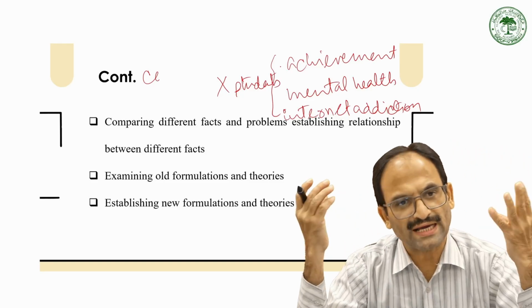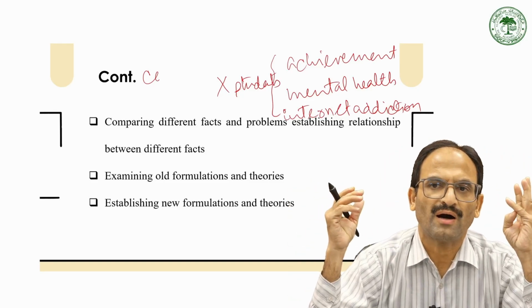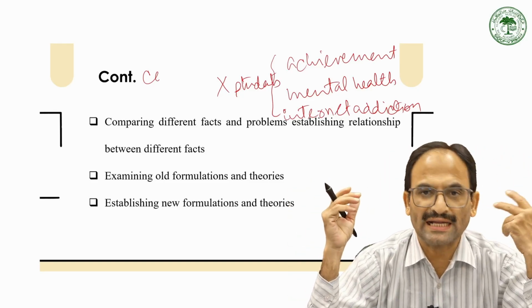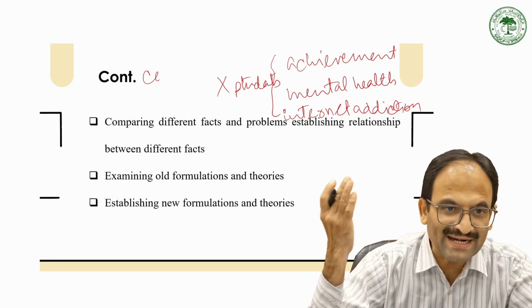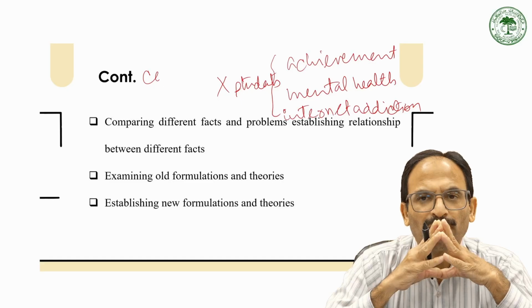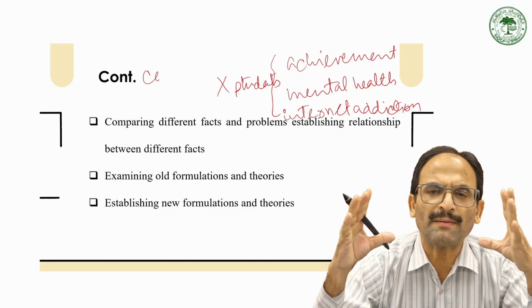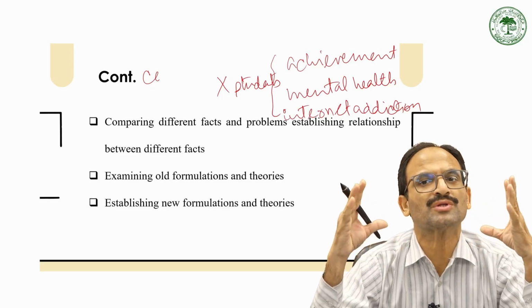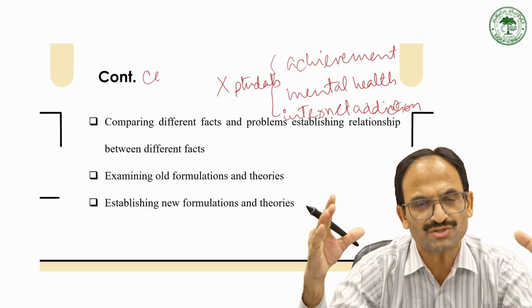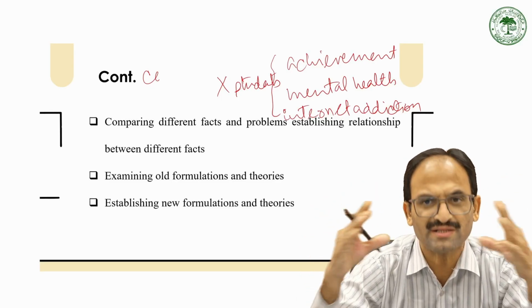I collected the data, classified the data, tabulated the data, analyzed the data, and interpreted the data. But now I was required to come to some conclusion. I was required to give some suggestion to the policy makers, to the parents, to the teachers, to the principals.